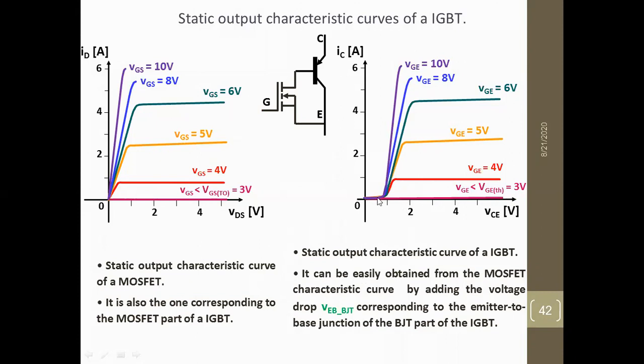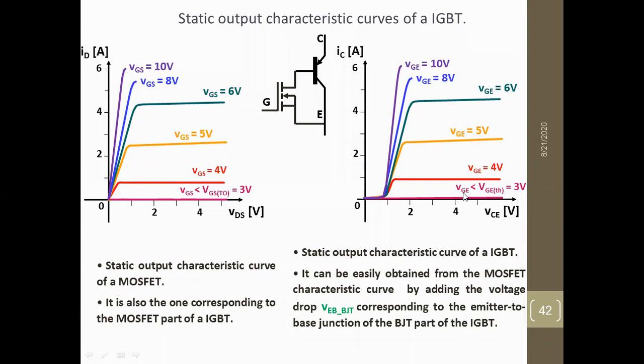If you observe the red line from the origin, it is the gate emitter voltage less than the gate emitter threshold voltage, which is, as an example value, 3 volts.